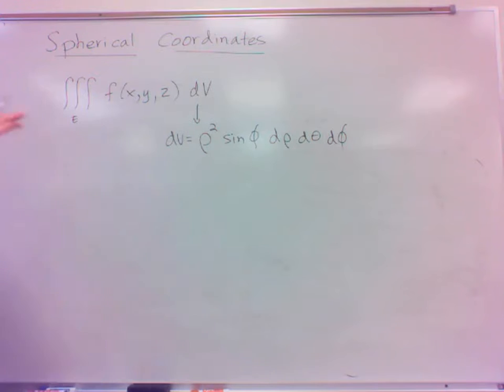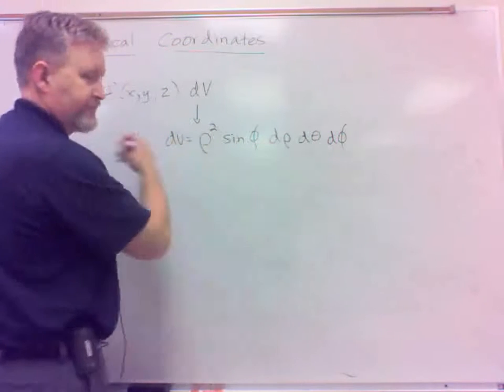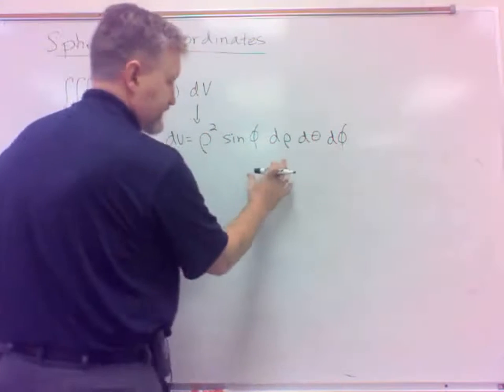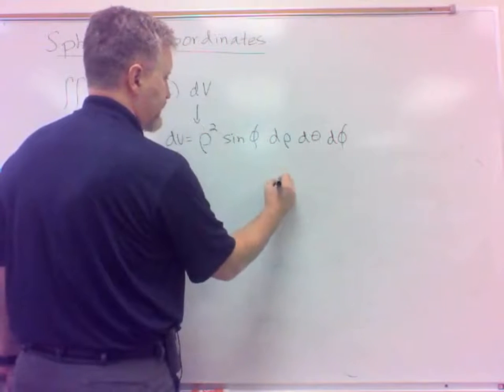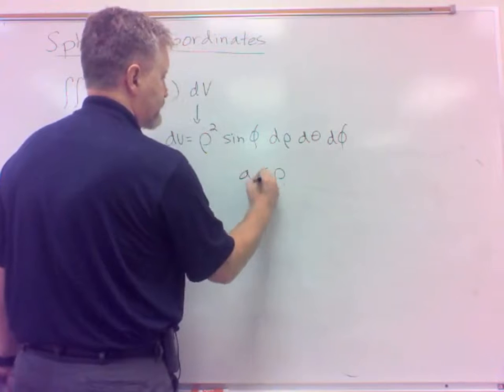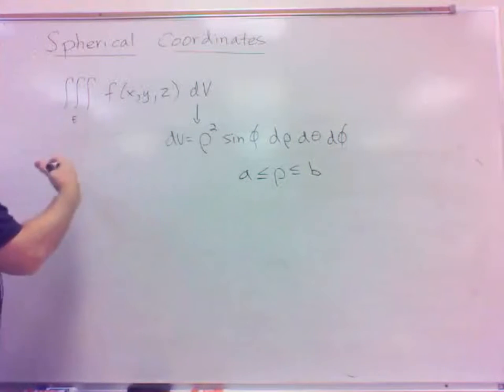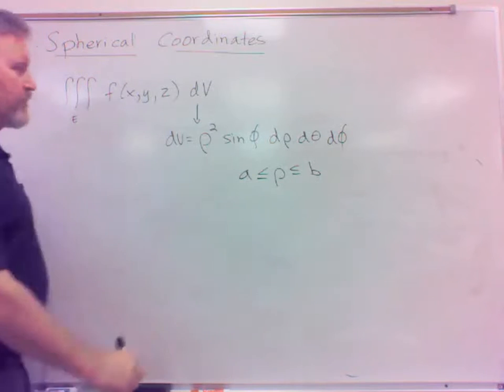The good thing is, rho is just going to range from a fixed amount, A to B, they usually call it. So how far out you go from your origin there.